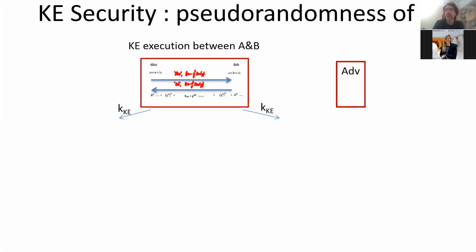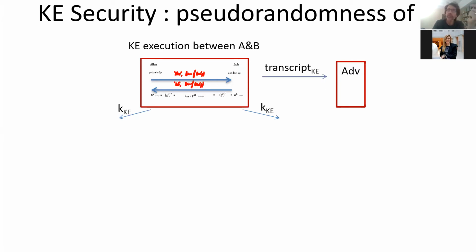Likewise here, if you give him the right key and a transcript of a key exchange, versus a transcript of the key exchange followed by a completely random key, he cannot tell the difference between these two views. In that sense, the output of a key exchange is indistinguishable from a random string to him.